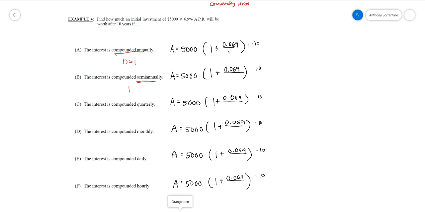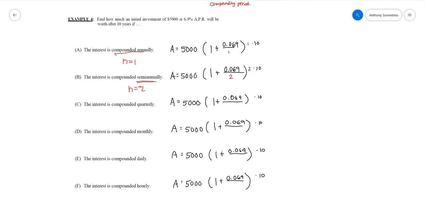Semi-annually means N is going to be 2, twice a year. So 2 would be here, 2 would be there. We don't usually have wording that will tell us 3 times per year, but sometimes you might see a problem that says we're going to compound the interest 3 times per year.